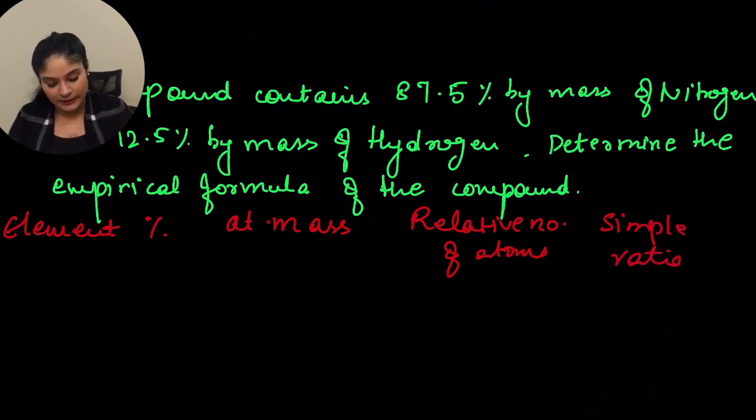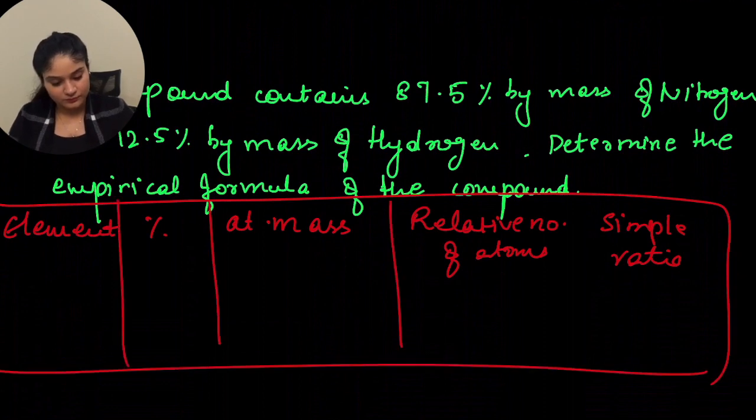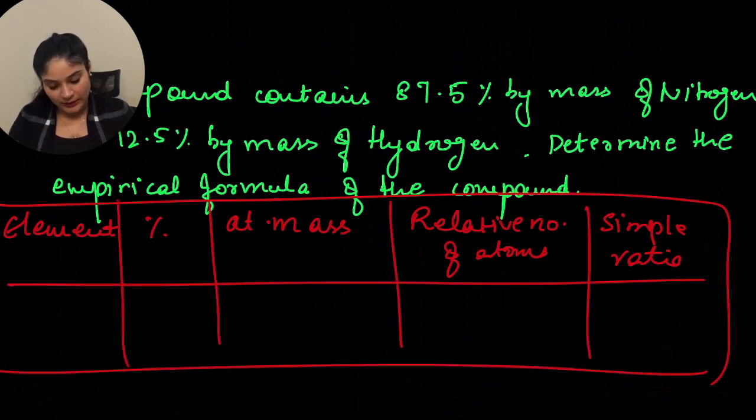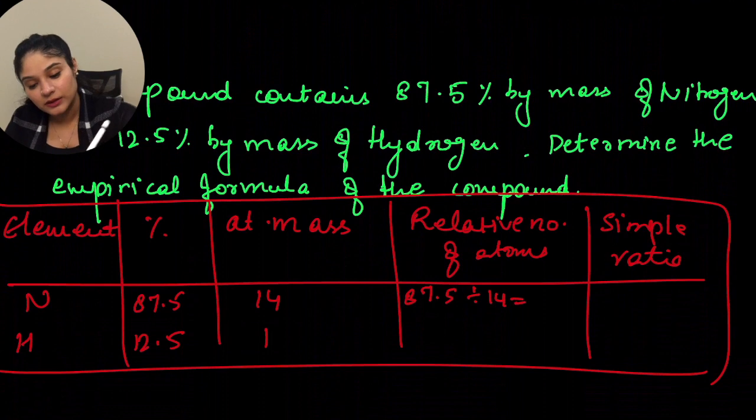So elements I have is nitrogen. So nitrogen given to me is 87.5. Then I have hydrogen given to me as 12.5. Atomic masses for nitrogen is 14 and hydrogen is 1. Then relative number of atoms will be 87.5 divided by 14, so that would be 6.25.